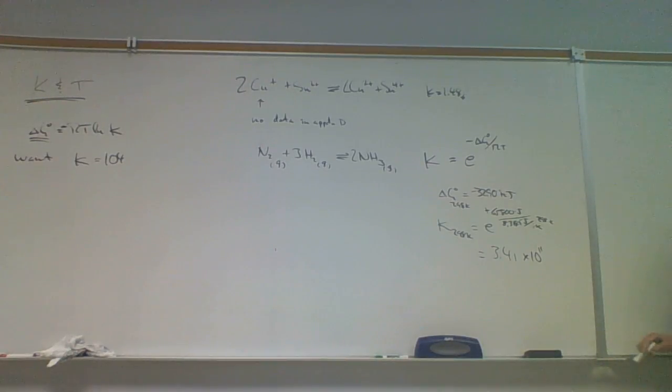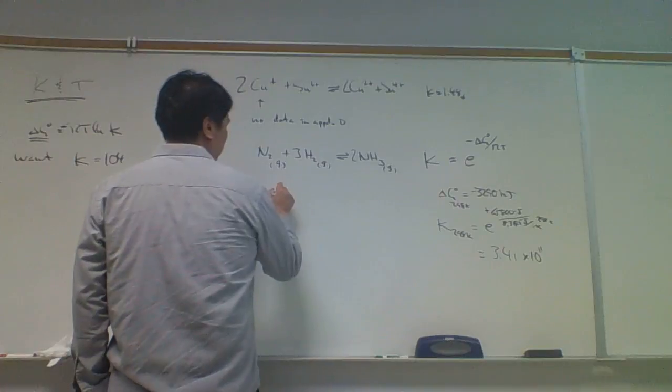Barring any errors, let's see. Did I make any errors? Negative, positive. Why is it 65,000 joules? Oh, why is this here? No, why is that 65?